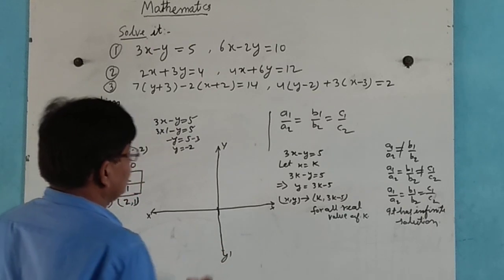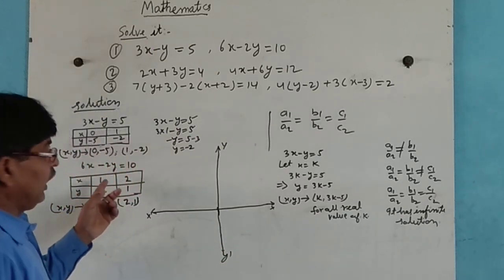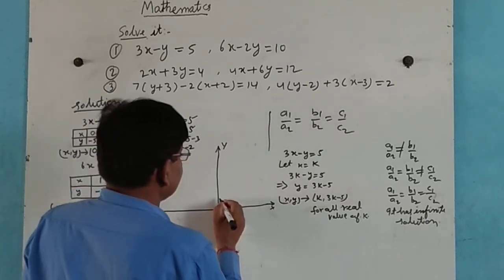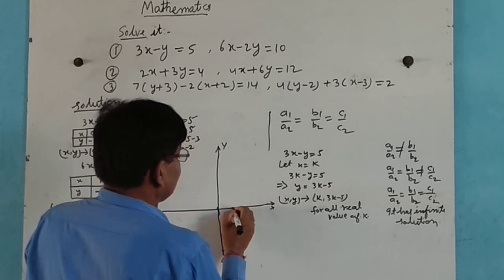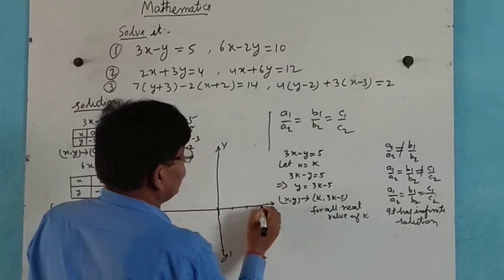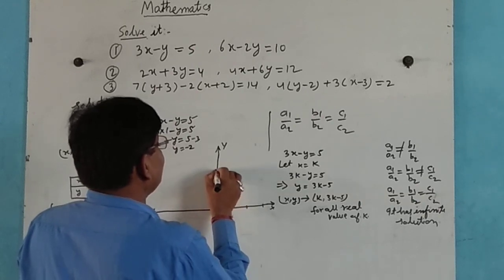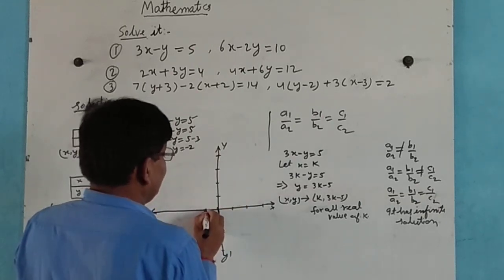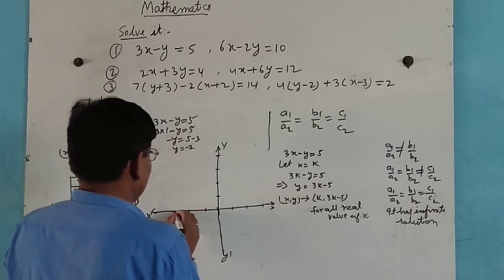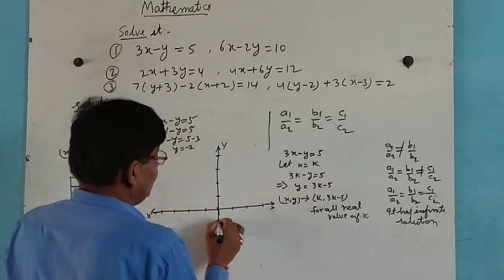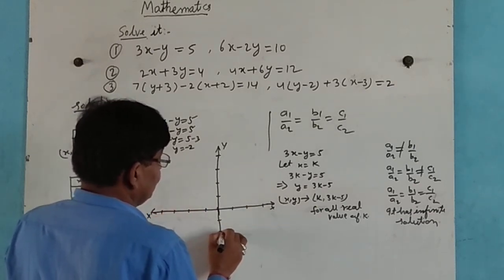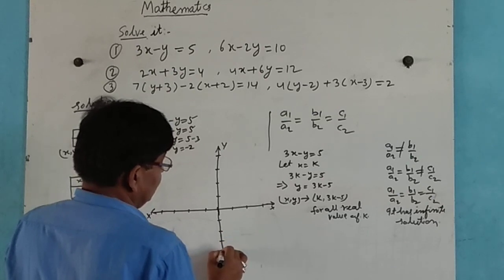Now we plot this graph. 1, 2, 3, 4 on each axis.